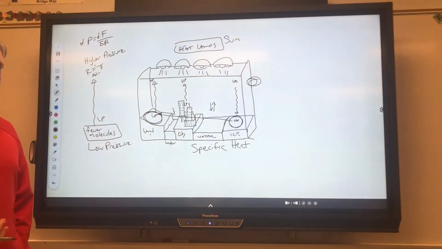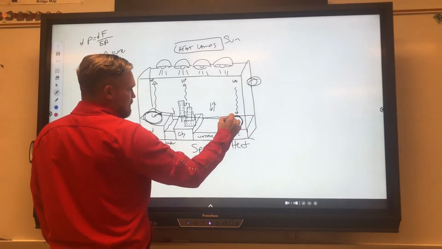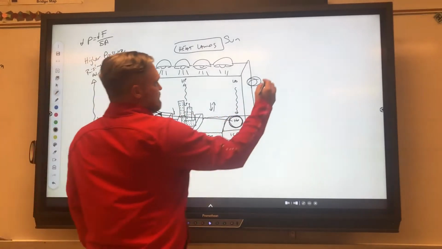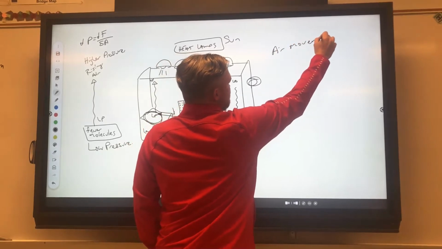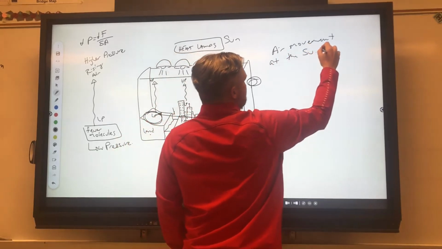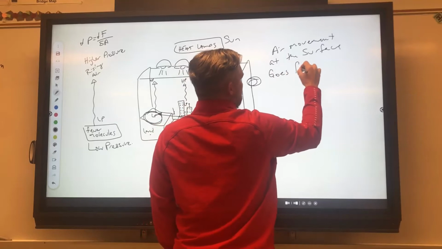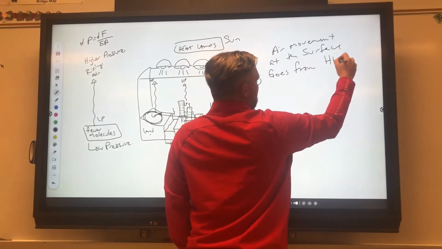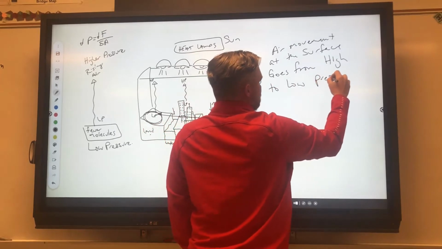So the overall movement of air should be from high pressure to low pressure at the surface. So air movement at the surface goes from high to low pressure.